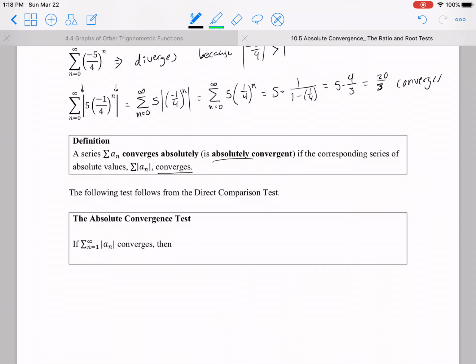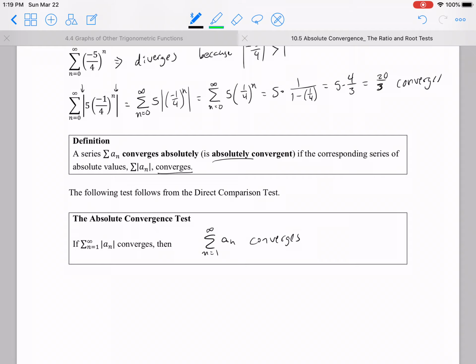And so the absolute convergence test is basically saying if our sum of all the absolute values converges, then the sum of a_n converges. Oh no, this was 1, n equals 1 to infinity. Okay? And so absolute convergence means you have regular convergence of it without the absolute values.